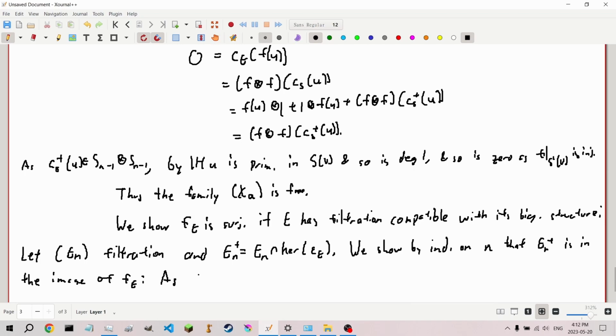As E is k·1 plus the union of our E_n^+, this will show that F_E is surjective.